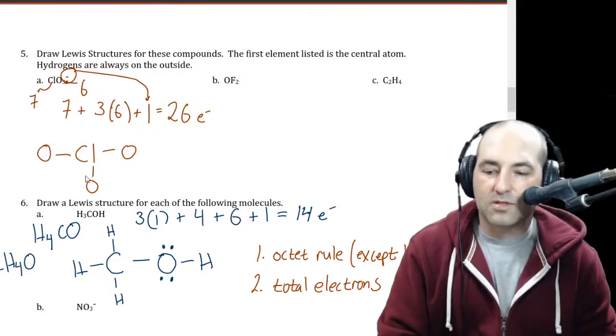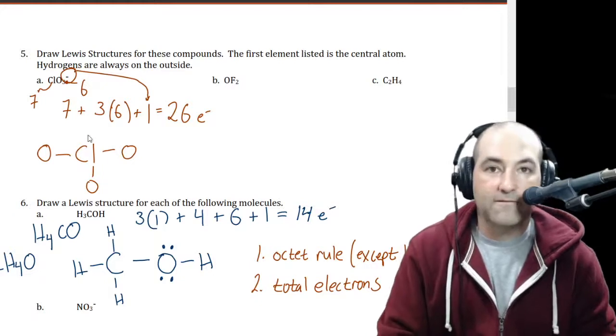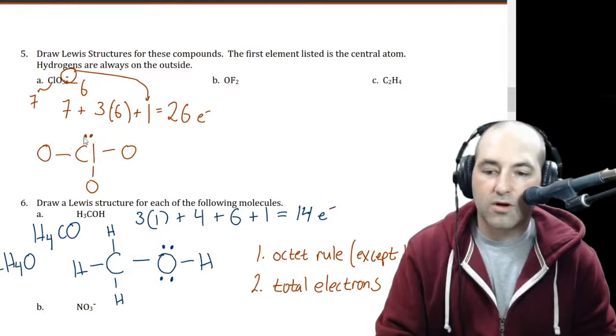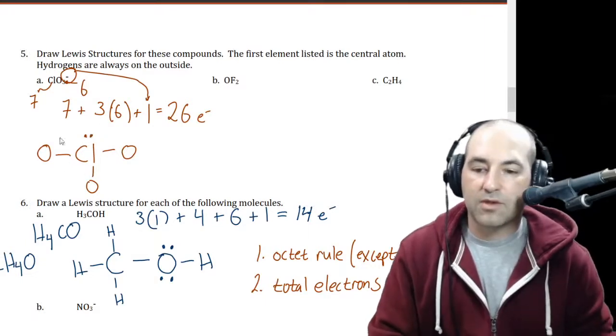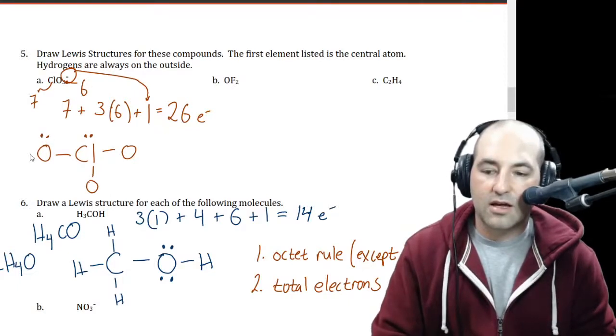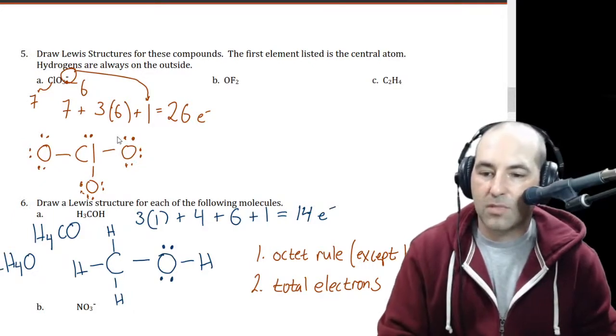So we've used up 6 electrons. We've got 20 to go. So now we just start filling up octets. We want to make sure everything has 8 electrons around it. So we'll add 2 more to the chlorine to make sure it has 8. And then let's keep track of that. That's 8, and then 10, 12, 14, 16, 18, 20, 22, 24, 26.